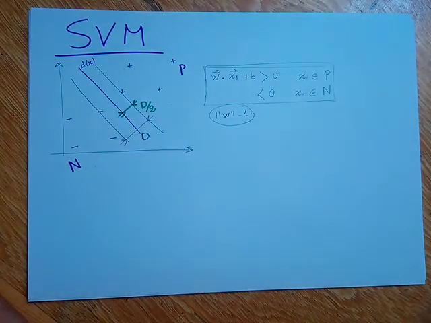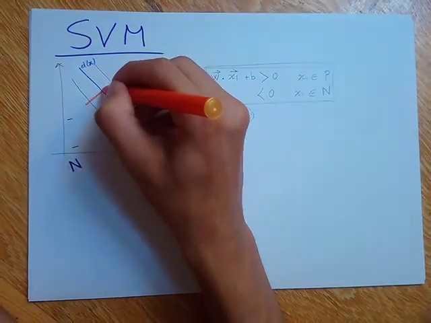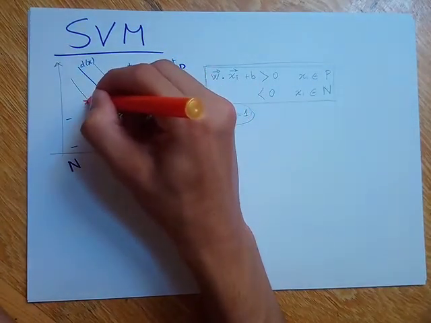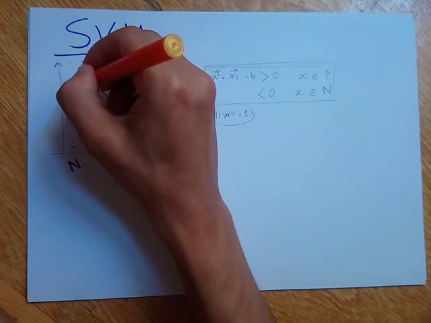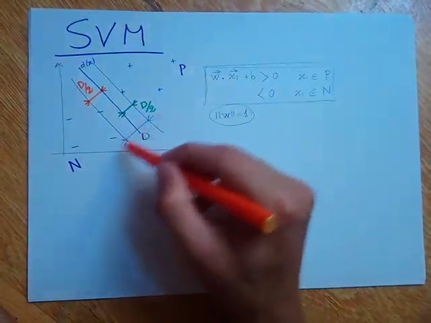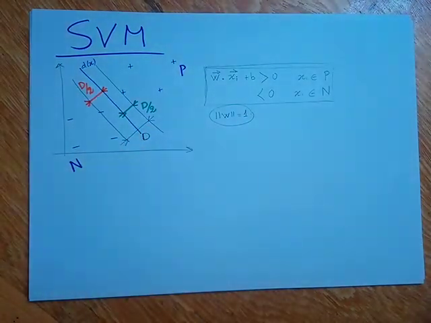Also, all the negative samples are at least this far from this decision boundary, which is d by 2. And d, by the way, is the width of the margin that I want to maximize.